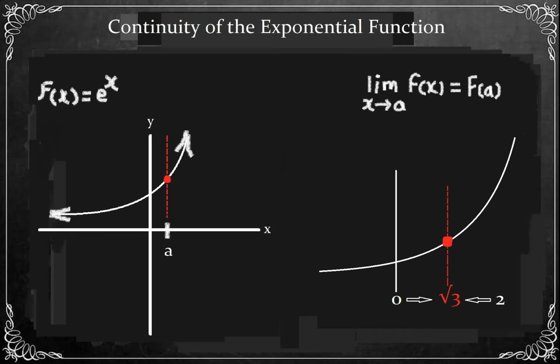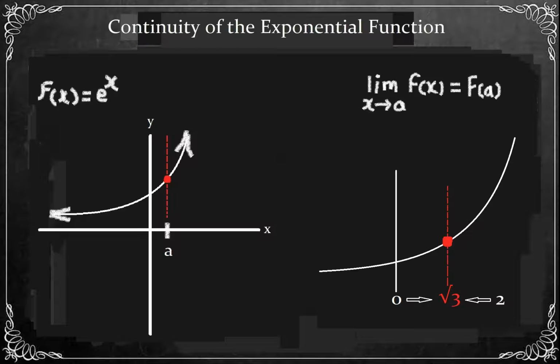Nice, but how does that fit in with inverse? Essentially, we did a demonstration of left and right hand side limits, which help to define continuity. We have the limit as x approaches a of f of x equals f of a. The input x could be one of our sequences that approach a equals square root 3. F of a is e to a, when the input a is applied to e to x.